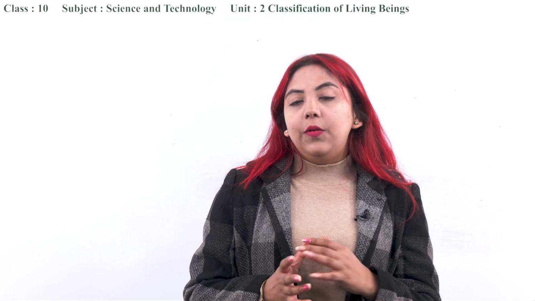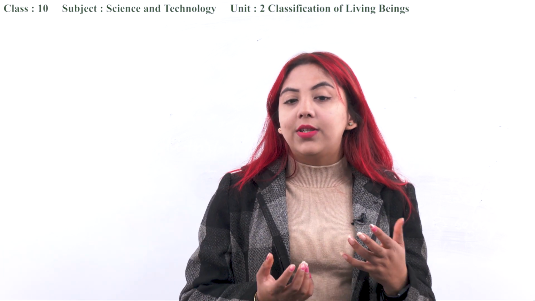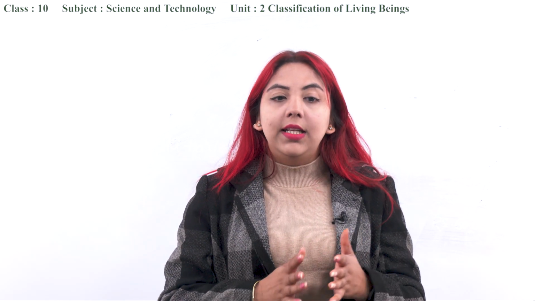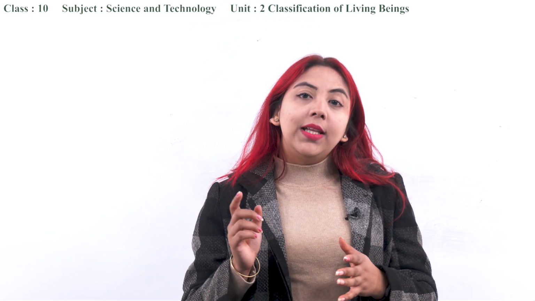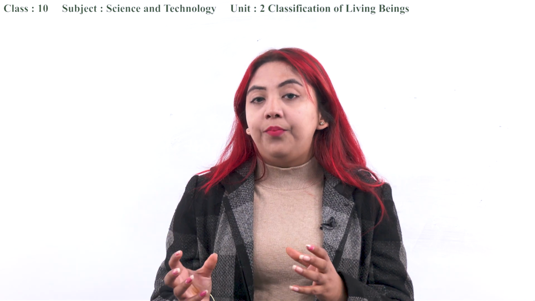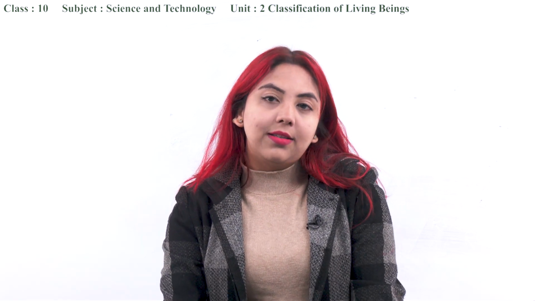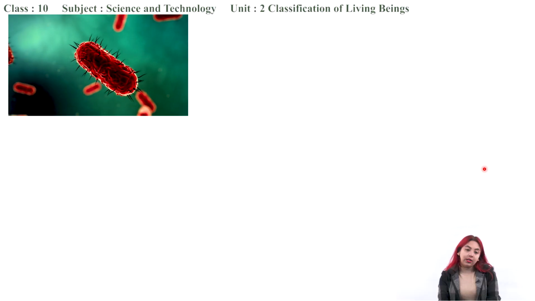In class 9, we already studied the 5 kingdom system of classification that was given by Robert Whittaker in 1969. So keeping that in mind, can you guess which kingdom each of the organisms I'm going to show you lies in? The first organism I have here is this.